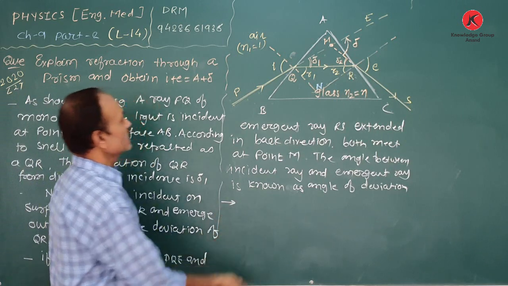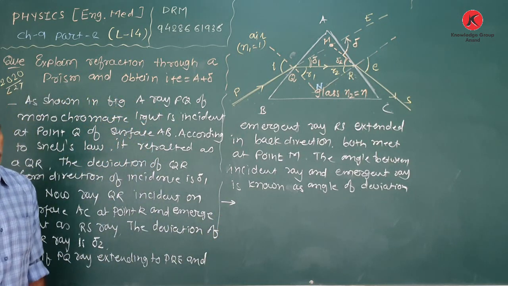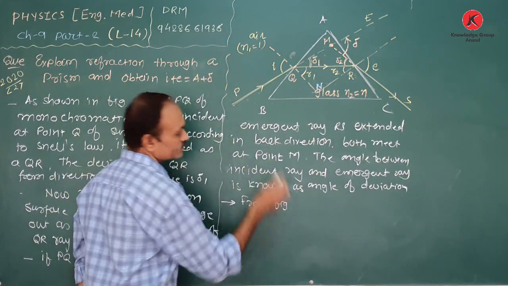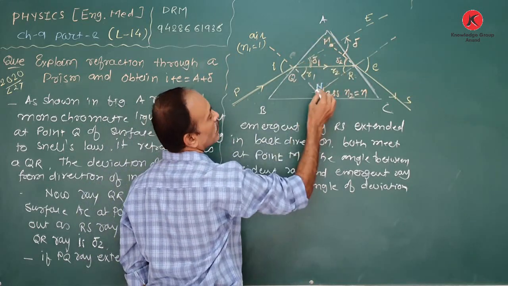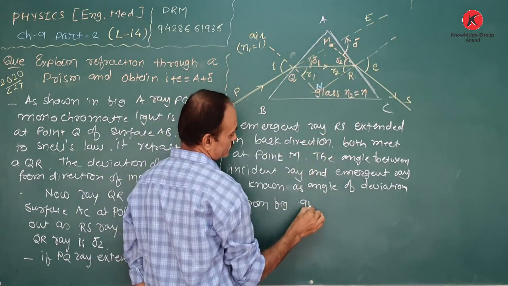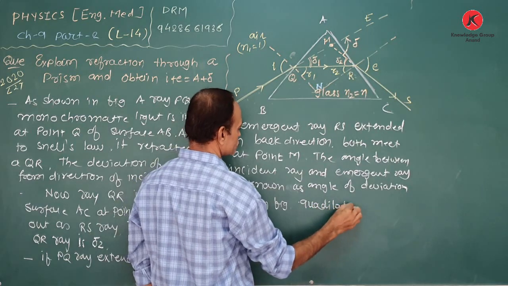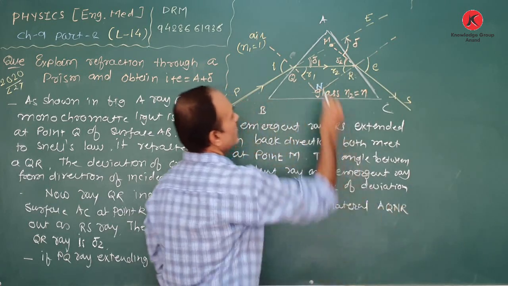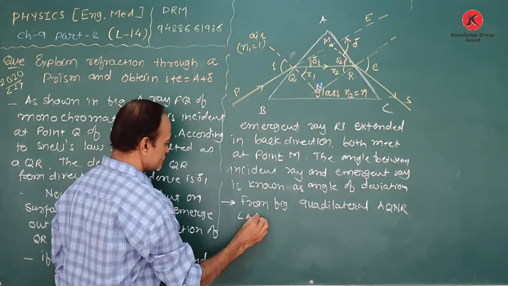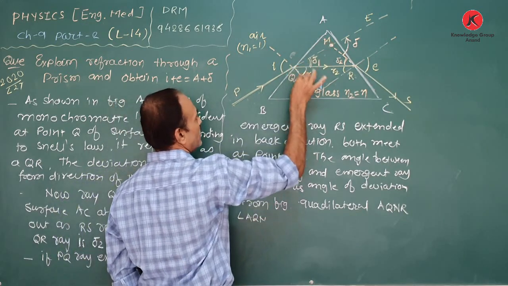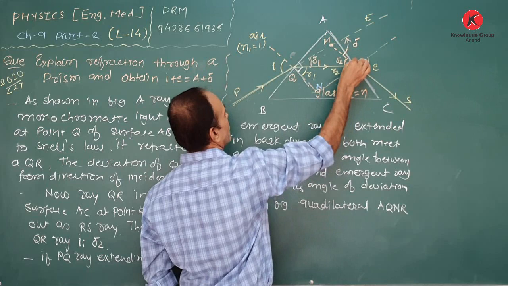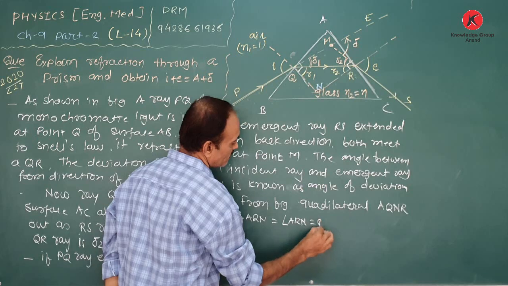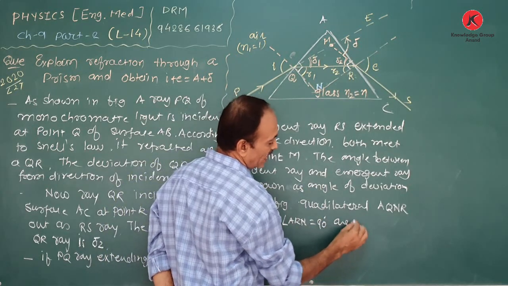Okay, how do we derive this relation I plus E is equal to A plus delta? For that purpose, from the figure, consider quadrilateral AQNR. The angles AQN and ARN are both equal to 90 degrees, right angles.